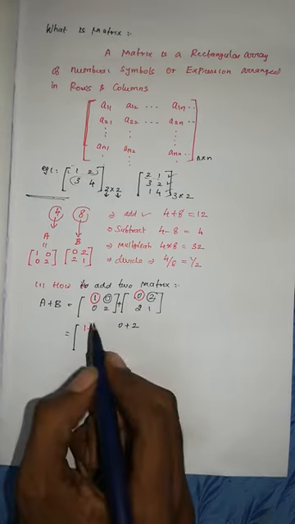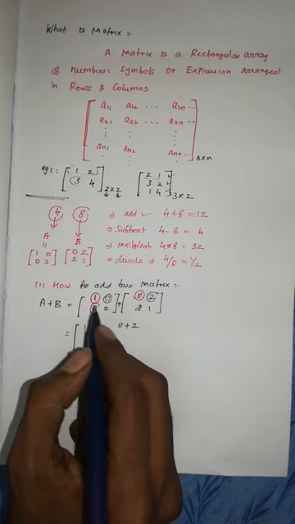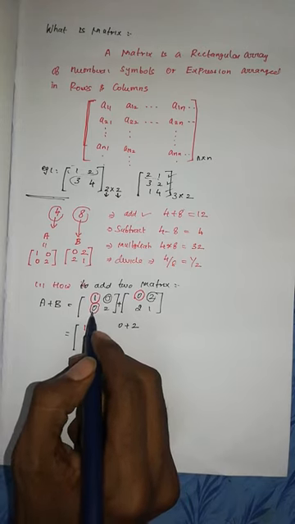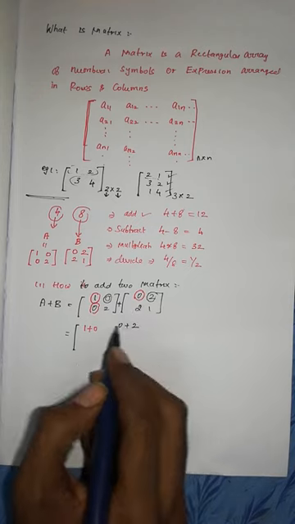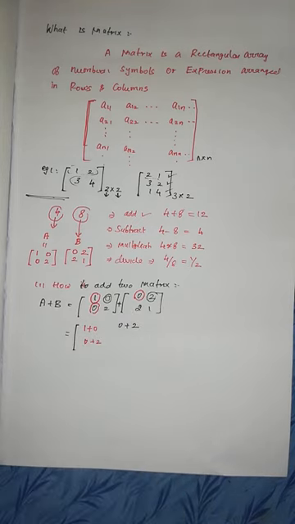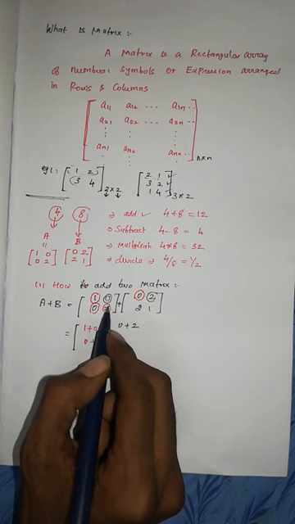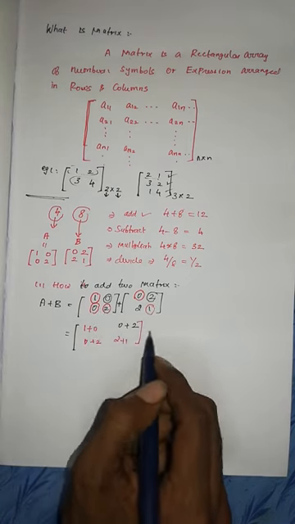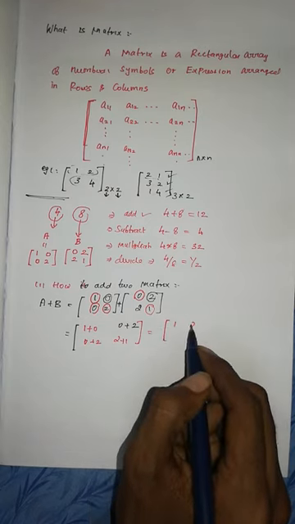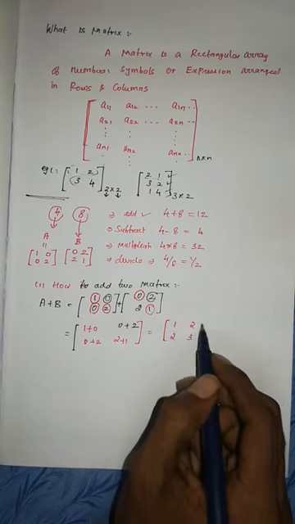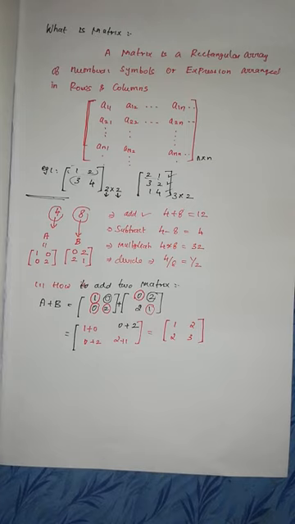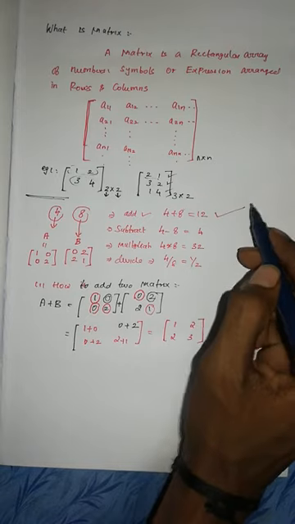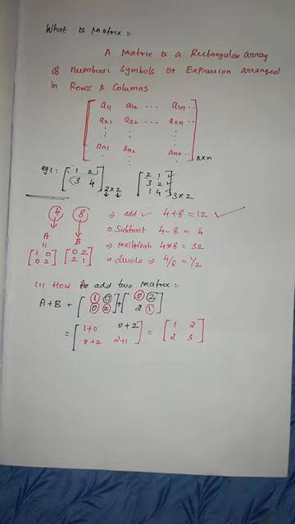Then you add the second row first column of A and the second row first column of B, which is 0 plus 2, and the last elements, 2 plus 1. So 1 plus 0 is 1, 0 plus 2 is 2, and 2 and 3. So this is how to add two matrices. I can perform addition in matrices.